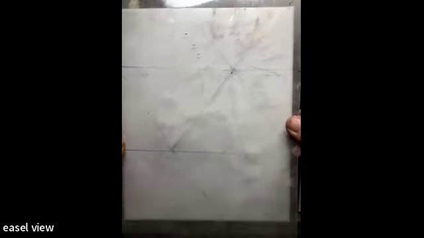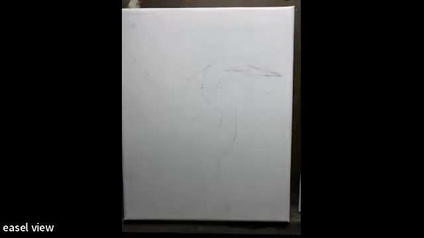Here's the rule of thirds. That's roughly how the rule of thirds will fit on that canvas. So I encourage you to take a moment and go ahead and pre-sketch.